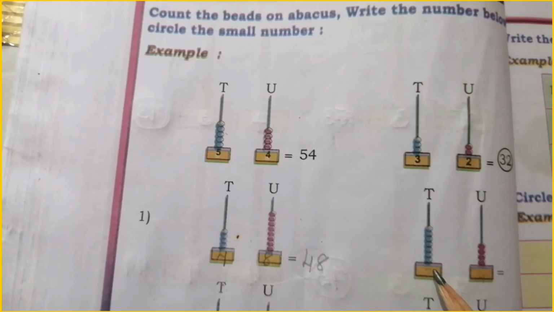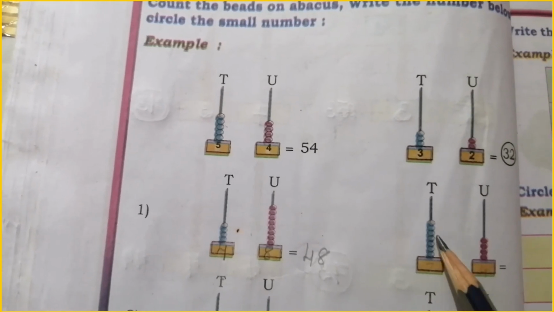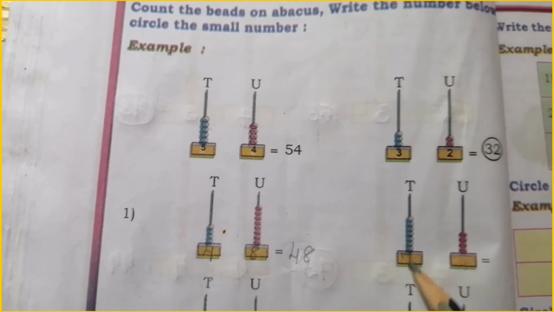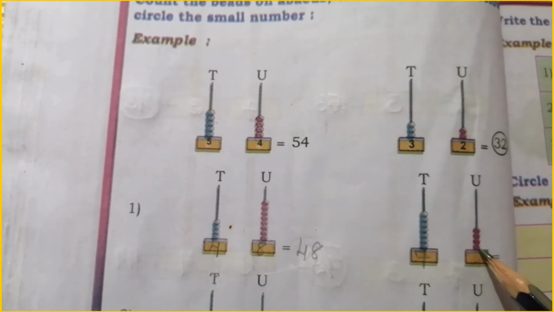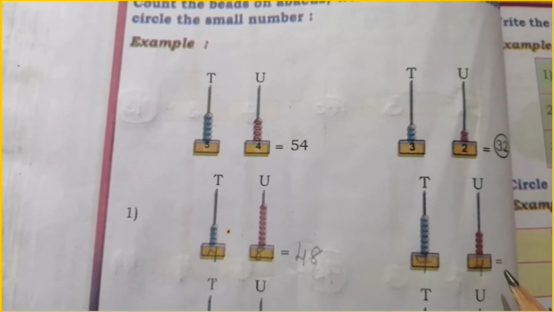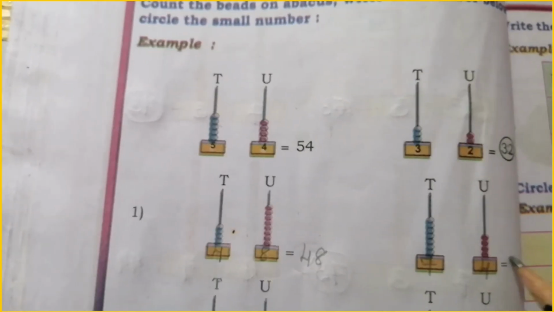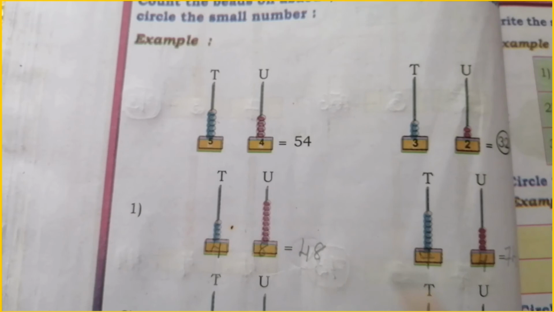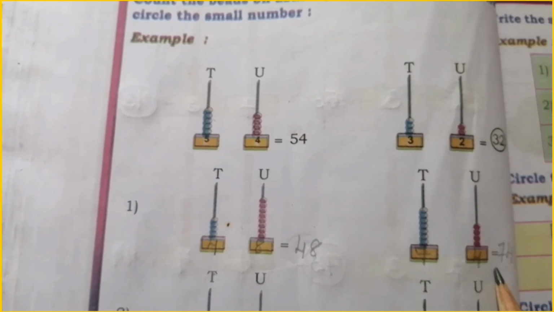Here there are 1, 2, 3, 4, 5, 6, 7. 7 beads in tens rod. 1, 2, 3, 4. 4 beads in units rod or ones rod. So 74. Let's find out the smallest number in these two numbers.